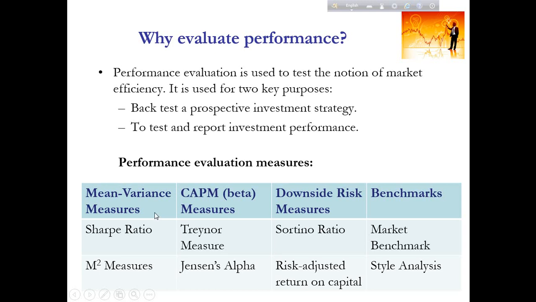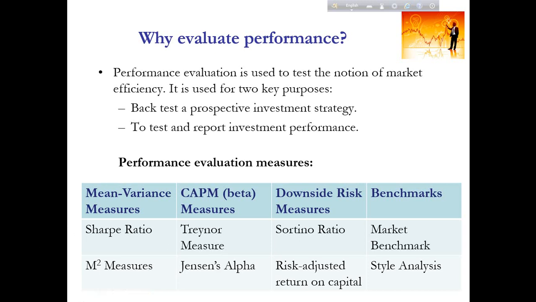They look at the trade-off between returns and risk, where risk is measured by the standard deviation of returns. Those measures are the Sharpe ratio and the M-squared measure. The second group look at the trade-off between returns and risk, where risk is measured as beta. We call them CAPM measures, and those are the Treynor measure and Jensen's alpha.